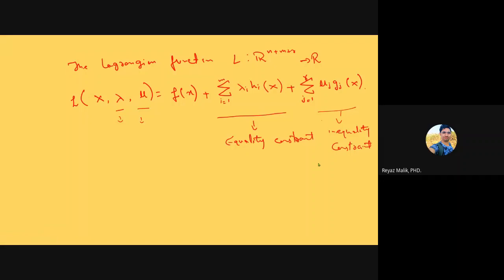Then what are these parameters? So we will see the parameters. Where we have three parameters here. One is lambda, one is mu, and one is x. X is the variable, okay, function variable.